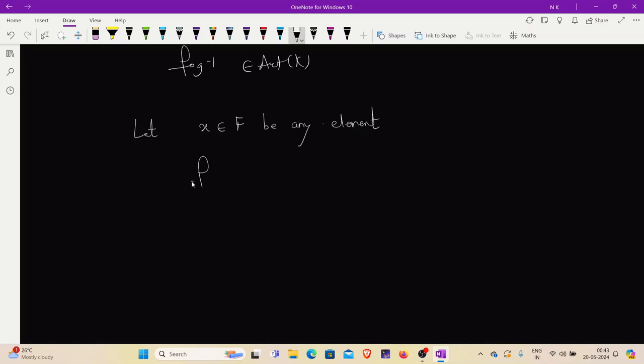Now what is f composite g inverse of x? So that is f of g inverse of x, right? But g already fixes F, right? So g of x is equal to x, that we know. So this implies g inverse of x is x, right? So that's why this is equal to f of x, and f of x is x.